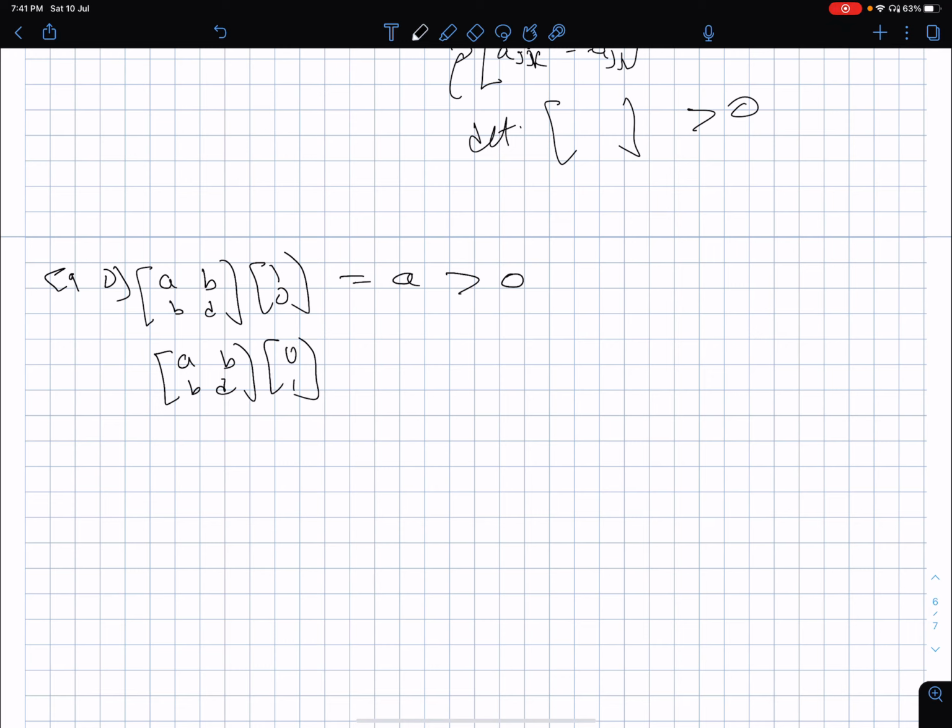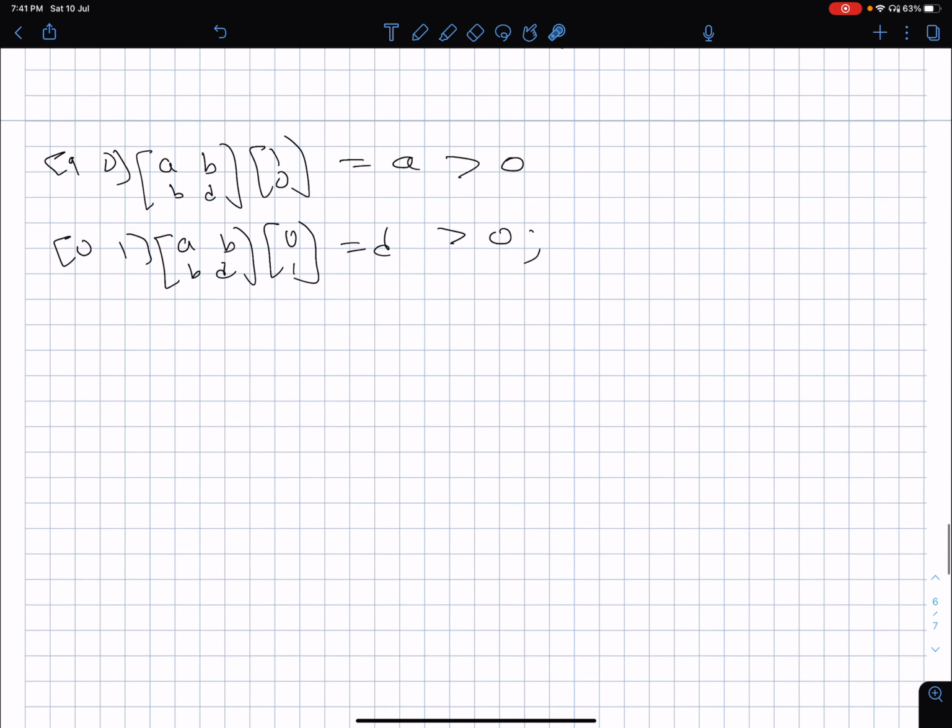What will you get? D, which should be greater than 0 if it is positive definite, otherwise greater than or equal to 0 if it is positive semi-definite. So in this case, there are three principal submatrices: A, D, and the third one is the full matrix.